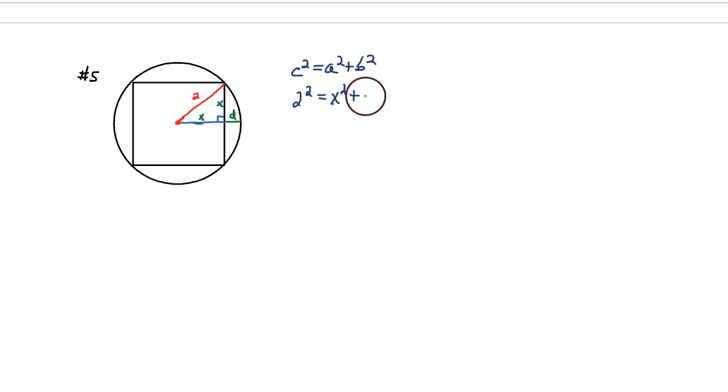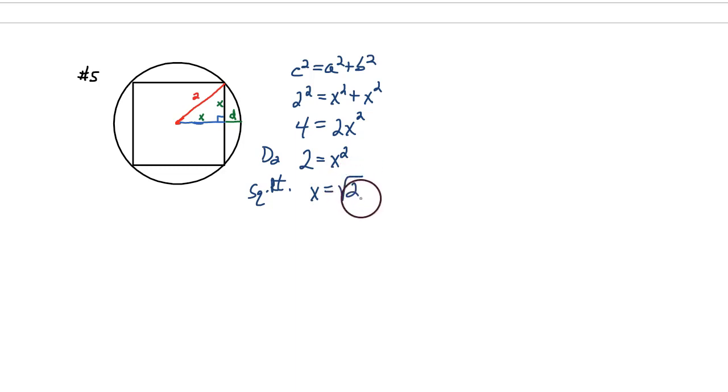For letter B, fill in x. Now let's solve this equation. We have 4 equals 2x squared. Now divide both sides by 2, so we get 2 equals x squared. Now do the square root. Again, only doing a positive square root because it's a real-life problem and x is a distance. So we get x equals the square root of 2.